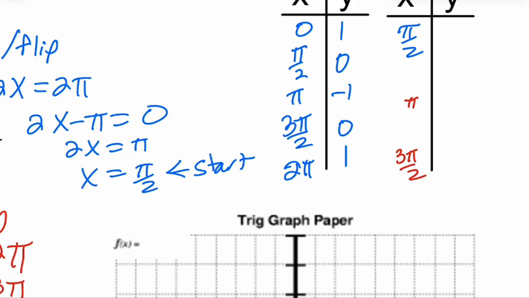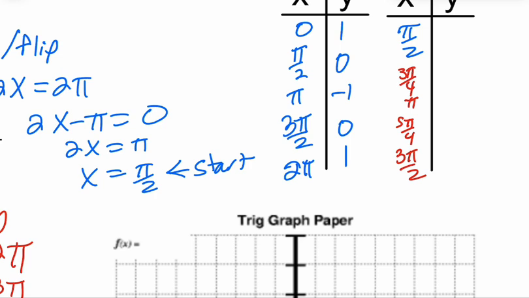What's exactly between 90 and 180? That's the 45s. What is the pi over 4 that's exactly between 180 and 270, between pi and 3 pi over 2? That would be 5 pi over 4.